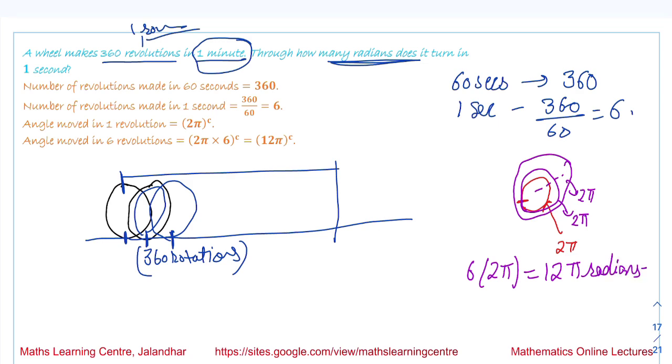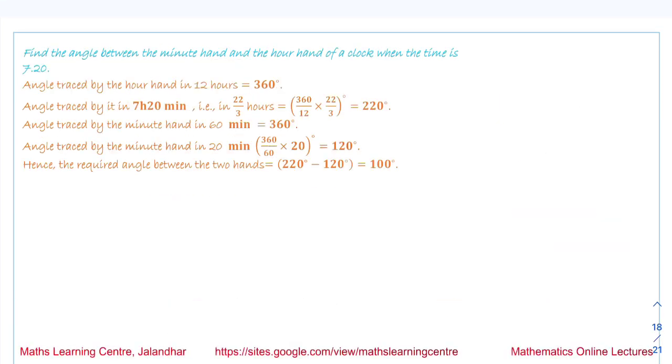Next: find the angle between the minute hand and the hour hand of a clock when the time is 7:20. So there is a clock, and the time on that clock is 7:20. This is our minute hand, and this is our hour hand.